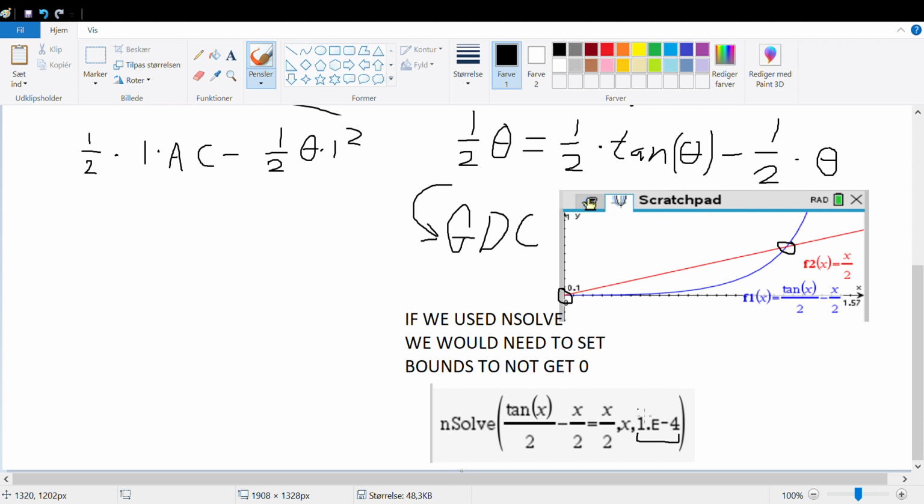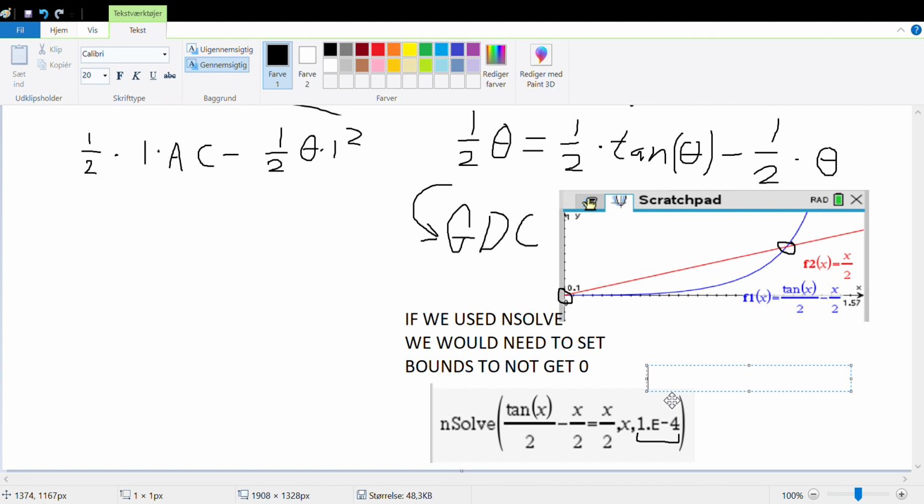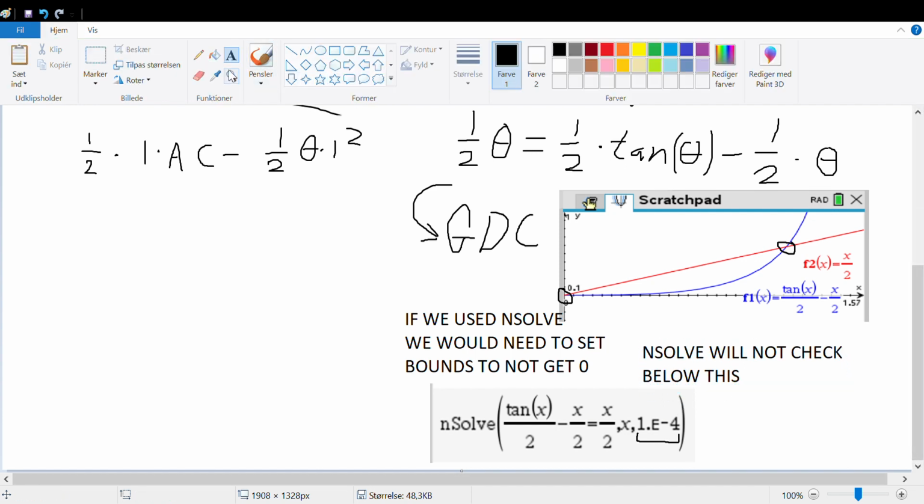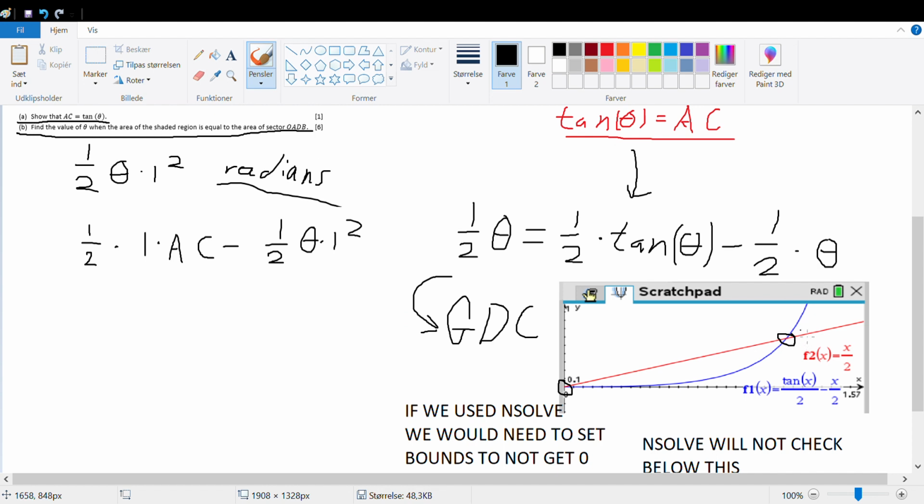The first thing that you put in is going to be the lower boundary. Basically, nsolve will not check below this. And sometimes that's useful, but again, you have to know not to look for that solution. With the graphing thing, it becomes very obvious where the second solution is going to appear, and you know exactly where it is, and you can just find it.